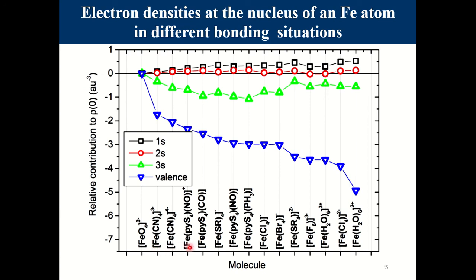So we have different oxidation states and different bonding situations for iron in this entire picture. Overall, we can see that the 1s and 2s remain unaffected, but the 3s is affected with changes in the bonding situations, and the 4s electron density is the most severely affected, because of the change in 3d electrons and their participation in bonding.